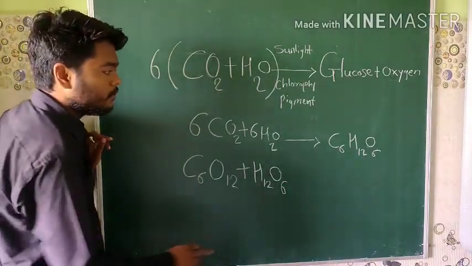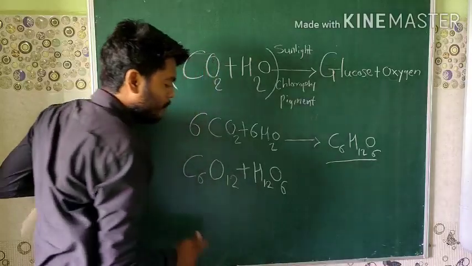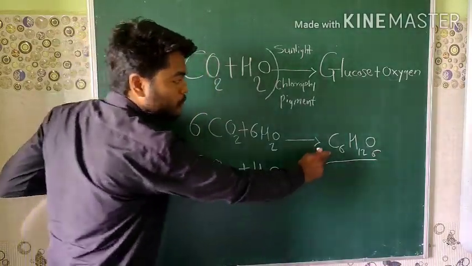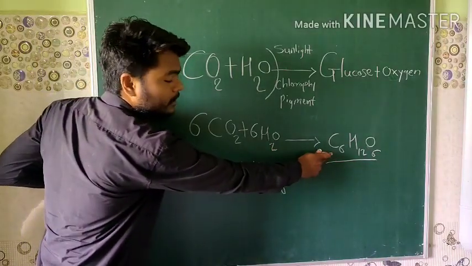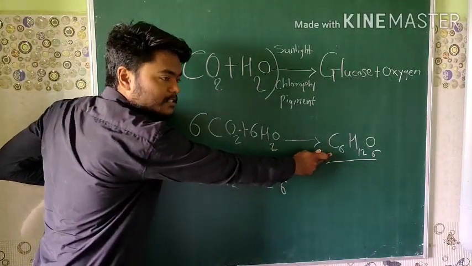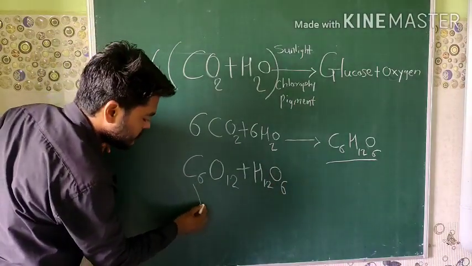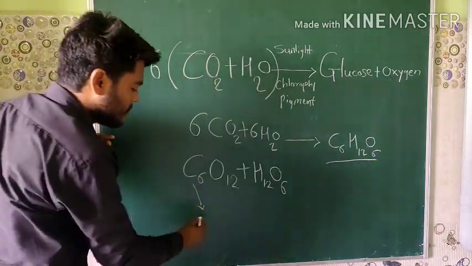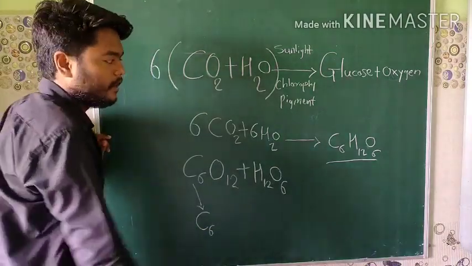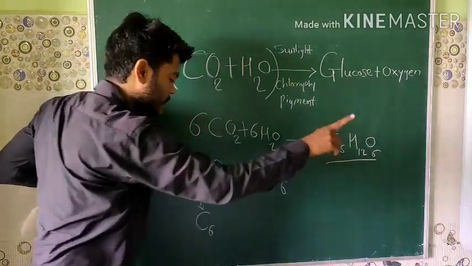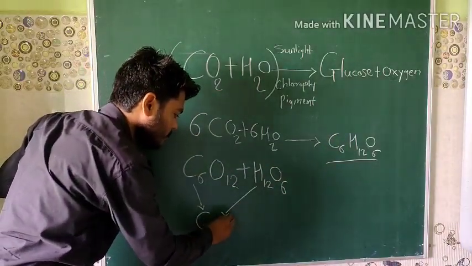Now we will convert this equation into the glucose format. First, how many carbons are there? 6 carbons, so this is C6. Then the next one, H12, so we take the H here.